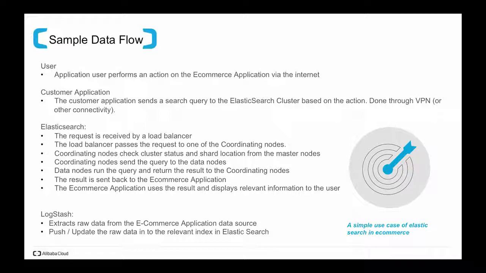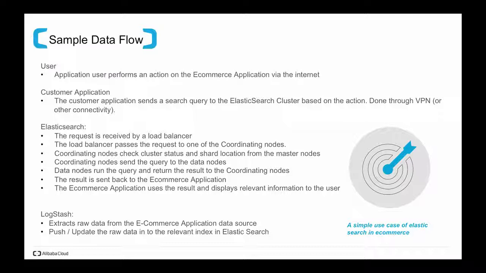The result is then sent back to the e-commerce application, and then the e-commerce application uses the result and displays the relevant information to the user. Note that this entire process needs to happen within a matter of milliseconds. Otherwise, if you're sitting on your favorite e-commerce application, you'd probably switch.